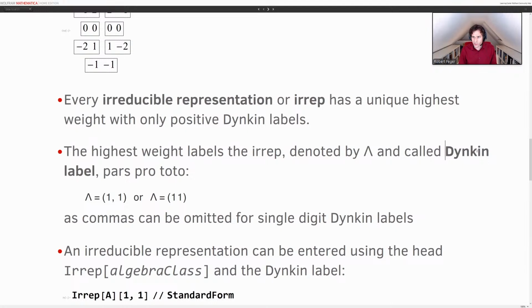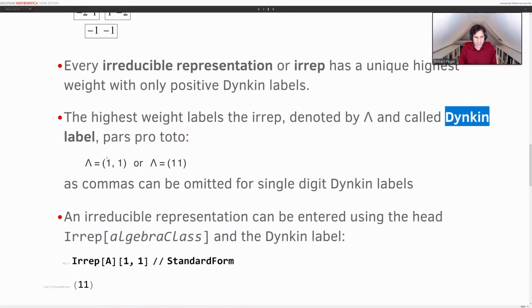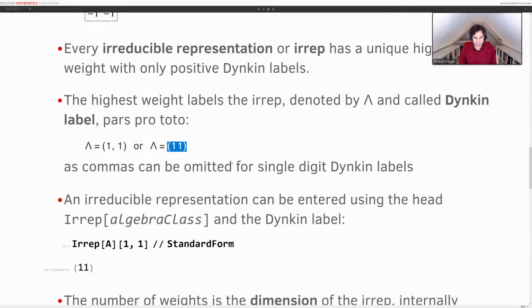And this is also called the Dynkin label of the irreducible representation. So usually it's written this way, but when the individual Dynkin labels are just single-digit numbers, then the comma is left out. So this is usually the way the Dynkin label is written for a representation.